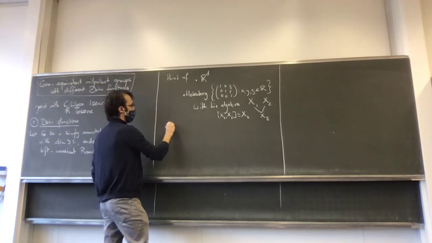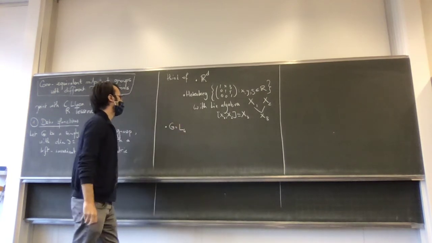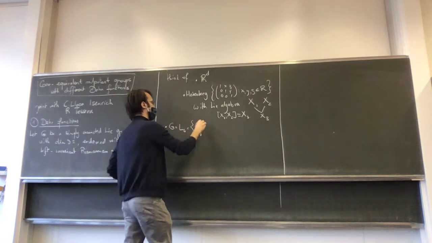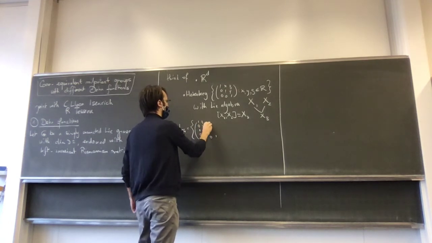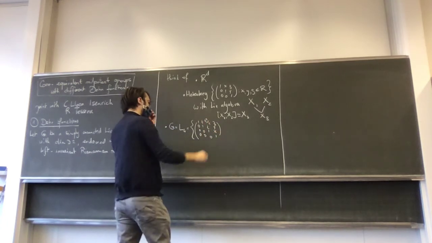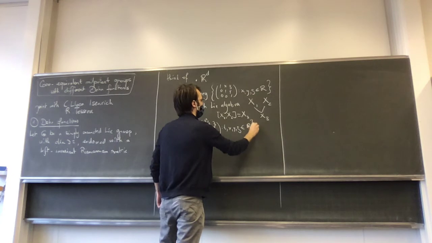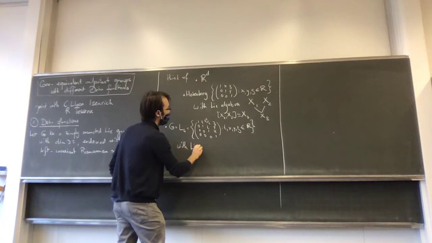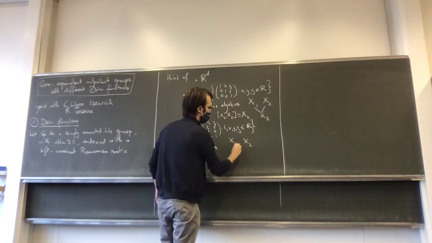There is another group that will be important for the following. This is the filiform group of dimension 4. This can also be realized as a group of upper triangular matrices, but it's most important that you recall the definition from its Lie algebra. So this group is also nilpotent, and this time, if you look at the Lie algebra, it's of class 3, in fact.